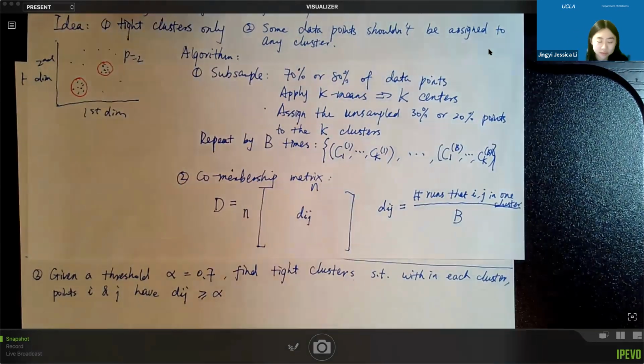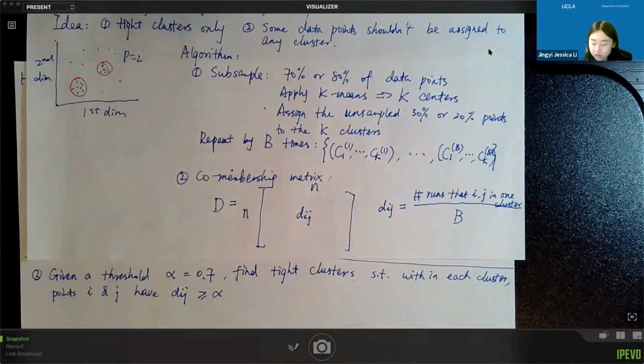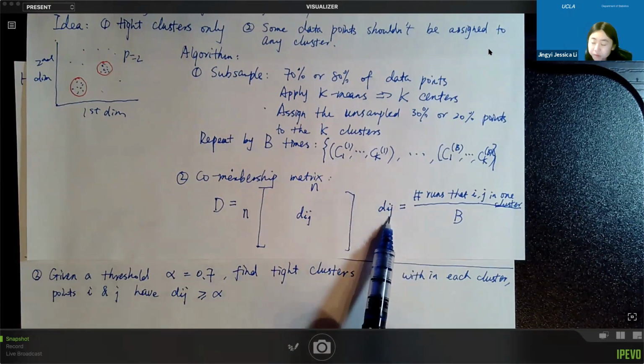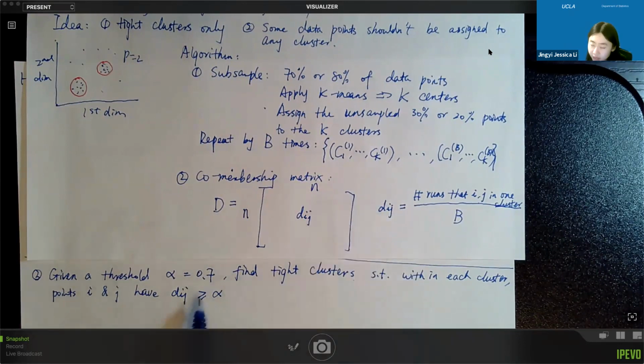You can think about this question for a few seconds. What does it mean that within each cluster, all pairs of points have similarity greater or equal than alpha? Or I can give you a hint.